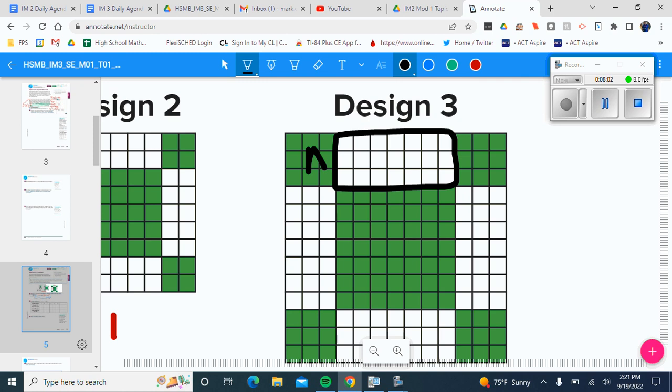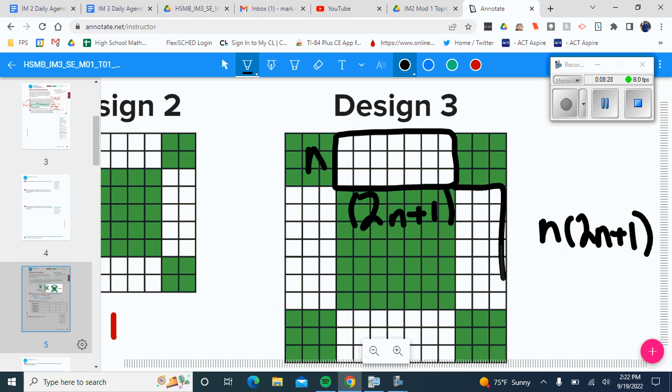And we know from the pattern for the center green tile, the center huge square, that this was a 2n plus 1 width. So the area of that rectangle is n times 2n plus 1. And that's just for one rectangle. Well, there are 4 white rectangles in total in this whole diagram.